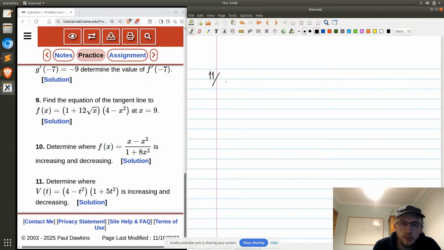So we must take a derivative, v prime of t. Differentiate the first and leave the second one alone, plus differentiate the second and leave the first one alone.